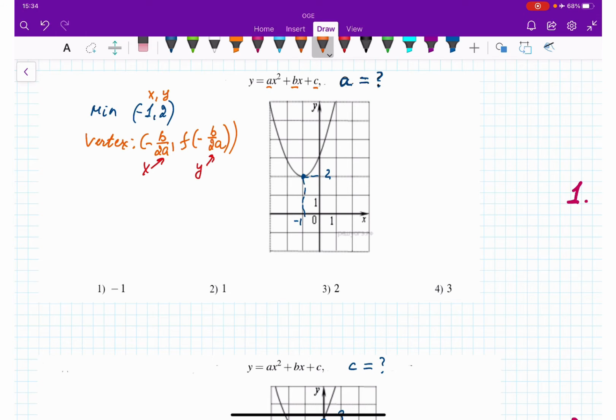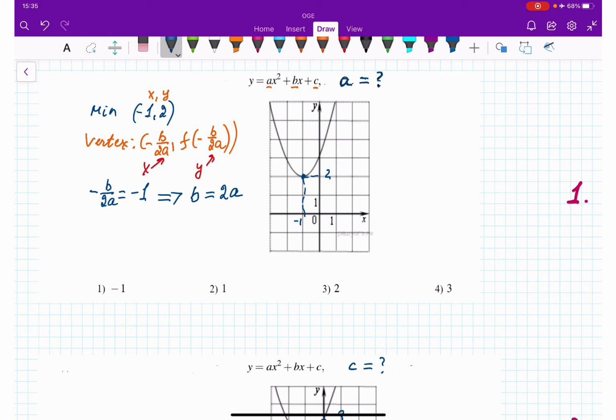So I can write down from here that negative b over 2a is equal to -1. From here, I can say that b is equal to 2a, right? All right, so we have the value b that has 2a.